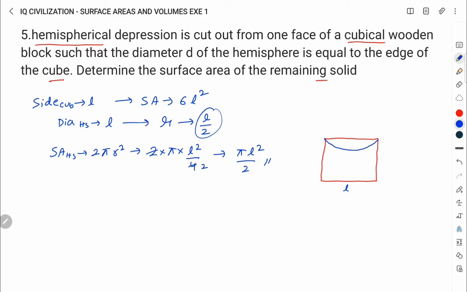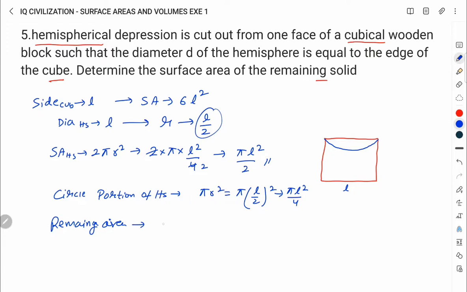Very nice. Now we need to find the area of the circular portion of the hemisphere. Area of the circular portion of hemisphere, means that side also gone. So that is nothing but pi r square. So pi into L by 2 whole square, that is pi L square by 4. So we need to find the remaining area.